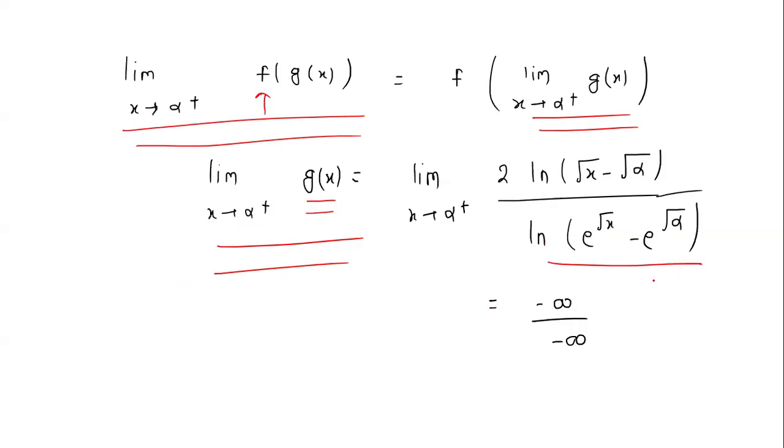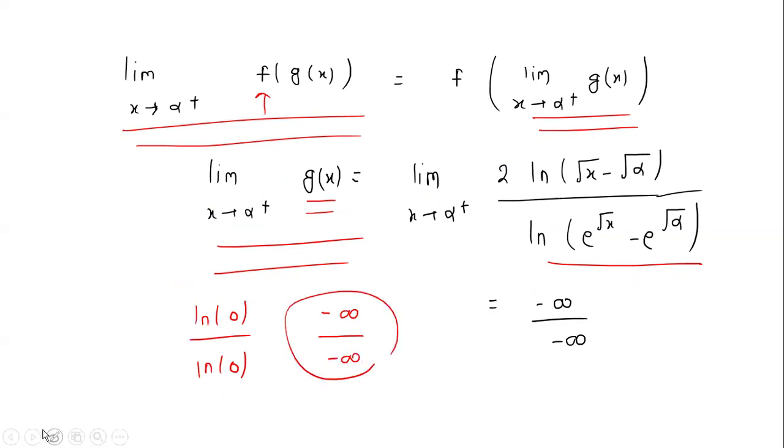So I write that here. And now if you put x tending to alpha plus, it approaches ln 0 by ln 0 form, which is minus infinity by minus infinity, or you can say infinity by infinity form.